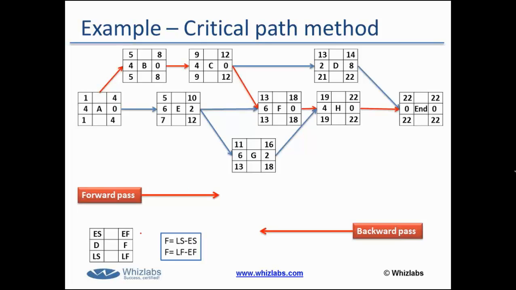But just to let you know that we have a formula to calculate the float, that is late start minus early start and late finish minus early finish. Either of these formulas would give you the float for a particular activity. How is this calculated? It's a time consuming matter. I cannot cover it within this particular webinar.